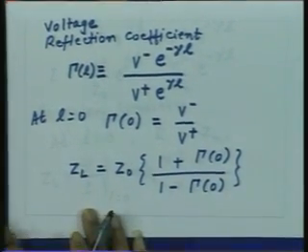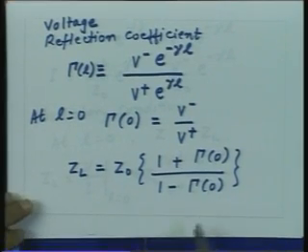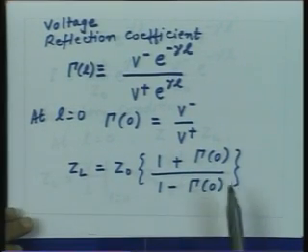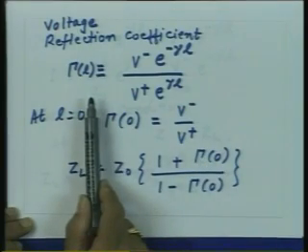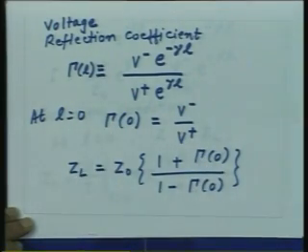Inverting this relation, essentially we get the reflection coefficient, which we define like this, in terms of the impedance which is connected to the line.